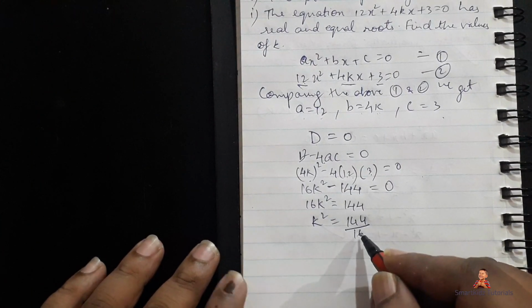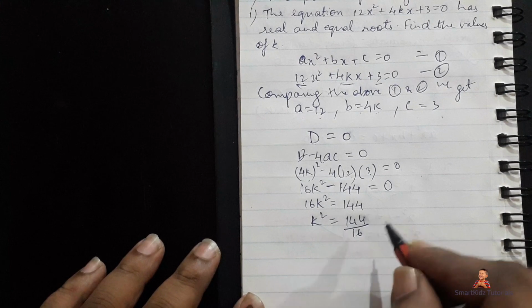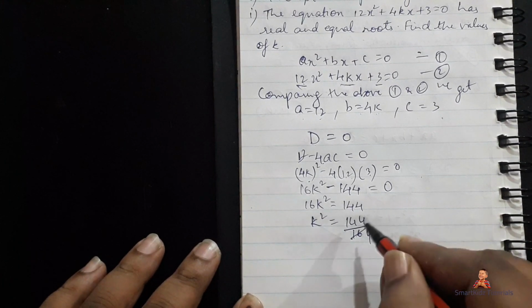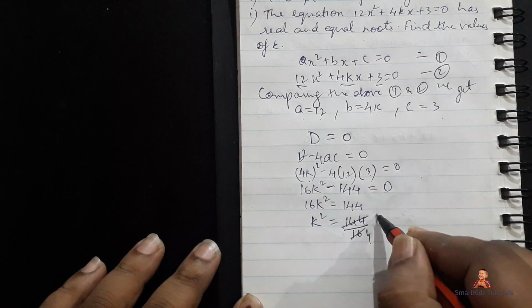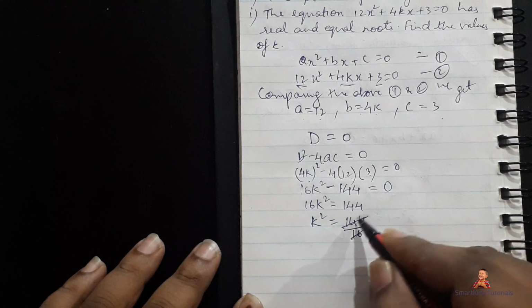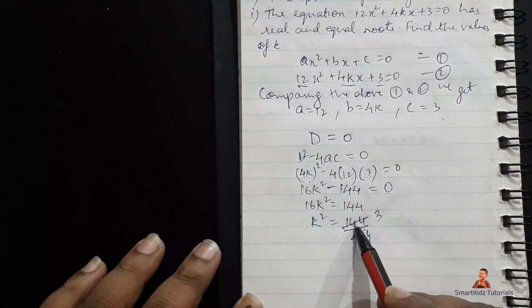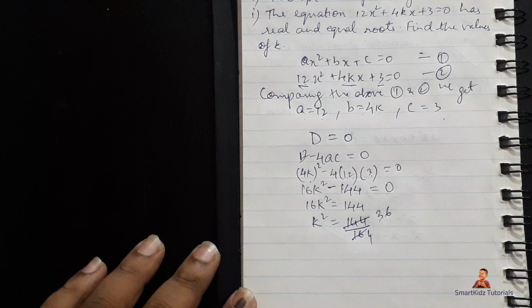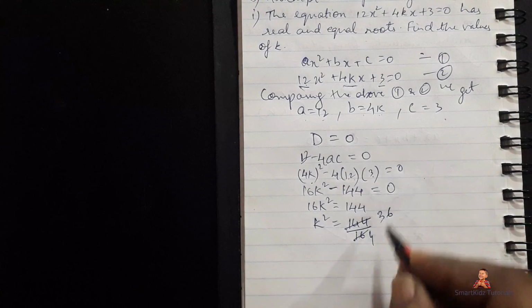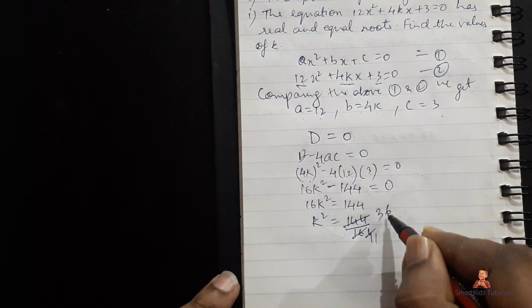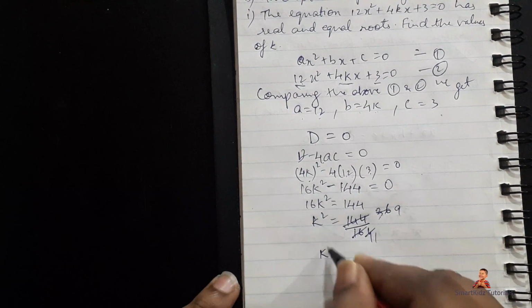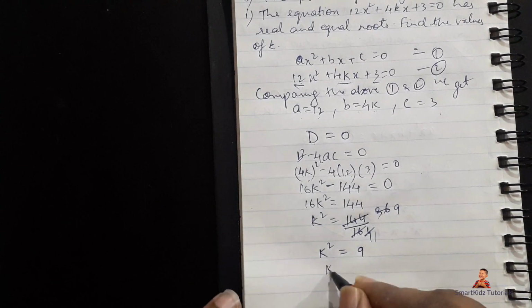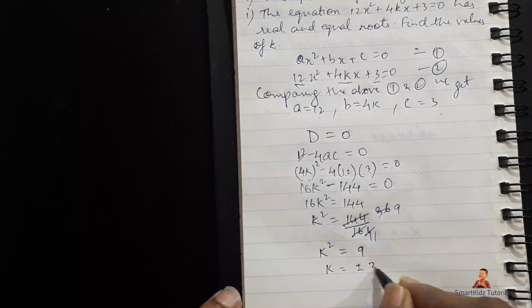And if we divide by the 4 times table, 4 4s are 16, 4 3s are 12, 4 6s are 24. So that is 36 upon 4. Further, if we divide, 4 1s are 4, 4 9s are 36. So we get k square equal to 9, which means k will be equal to plus or minus 3.